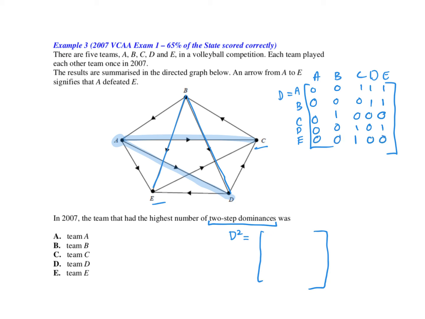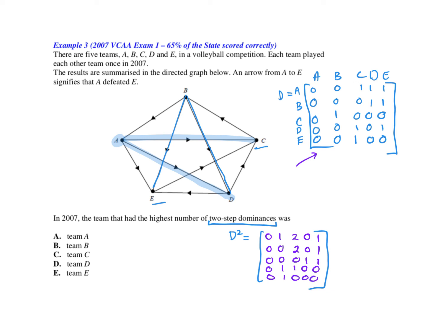Okay, so we need to type this into our calculator and square it. I've just squared that dominance matrix and I get 0, 1, 2, 0, 1, 0, 0, 2, 0, 1, 0, 0, 0, 1, 1, 0, 1, 1, 0, 0, and 0, 1, 0, 0, 0.